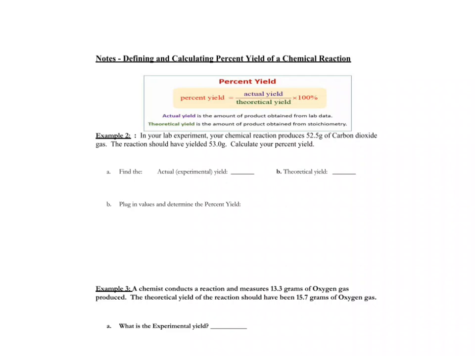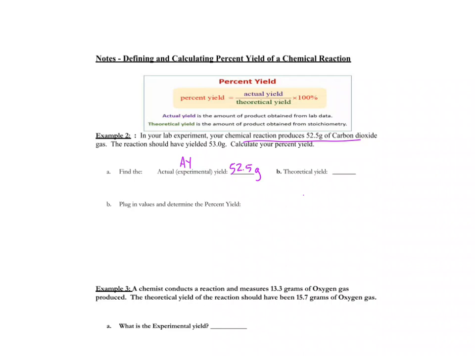Calculate the percent yield. All right, so find the actual yield. Actual yield, we're going to say it's AY. It's what you actually got in the experiment. And it says the reaction produces 52.5 grams of carbon dioxide. So that's what I actually got in my experiment.